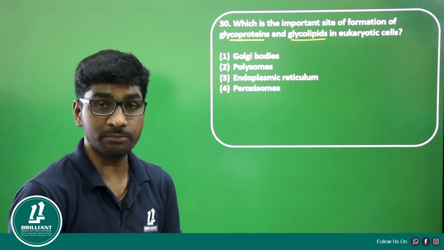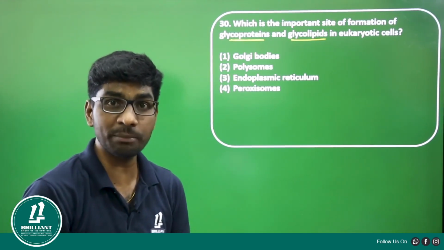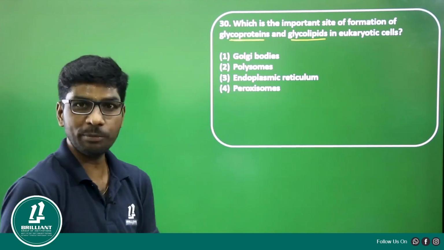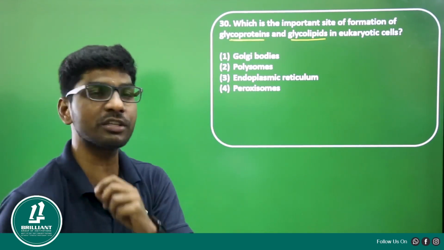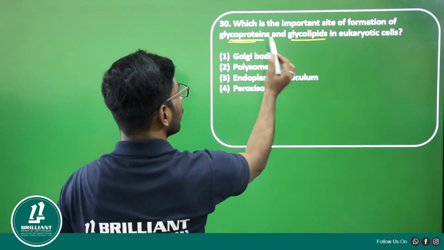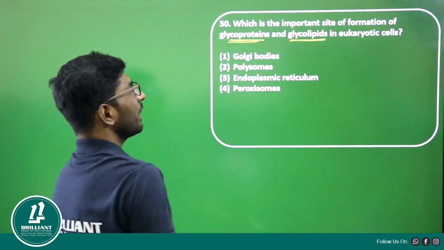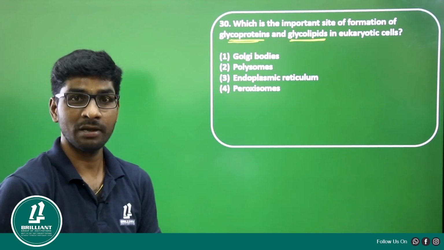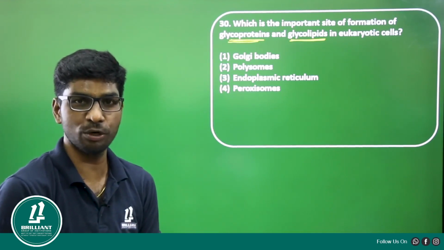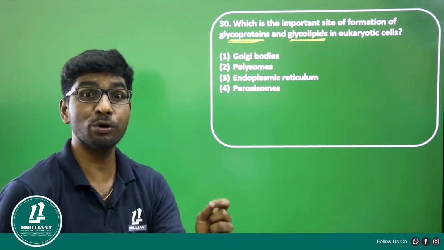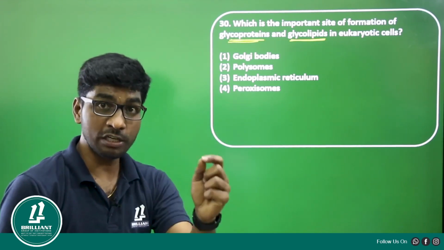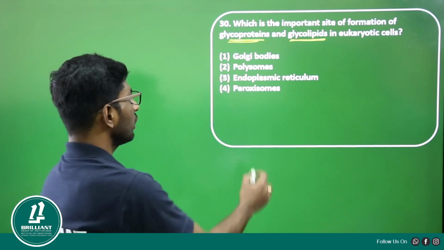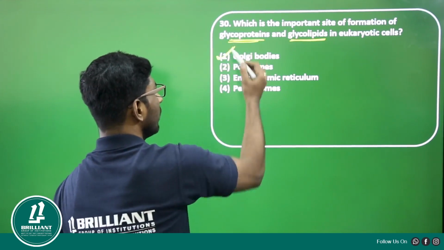Golgi bodies are also called dictyosomes in plant cell. So, Golgi bodies in eukaryotic cell play an important role in the synthesis of what? Glycoprotein and glycolipid formation and packaging also, right? Acrosome formation in sperm. Golgi body function. So, Golgi body is the right answer.